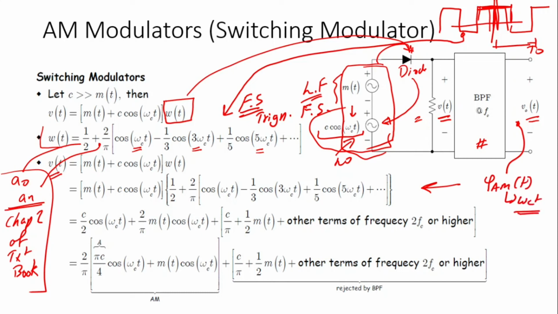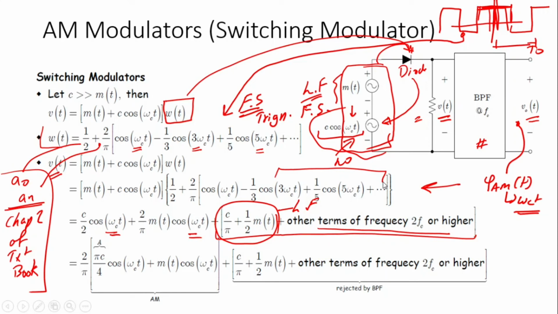So we stack all the frequencies which are at omega c together, and we separate all other frequencies. So in other frequencies, these two terms are basically low frequency, and these other terms would be high frequencies. But we need actually to send a signal at omega c, so we will be sending this by means of a band pass filter, and we would reject this with the same filter.